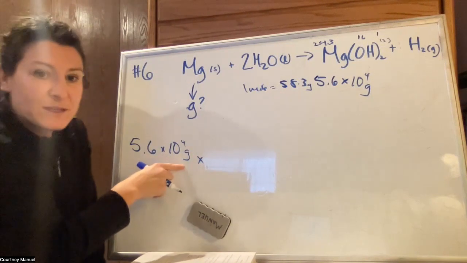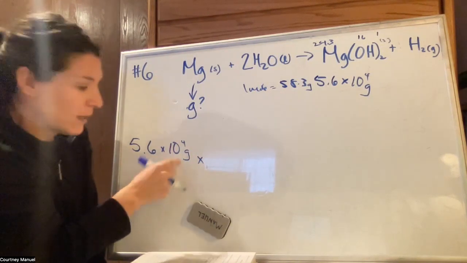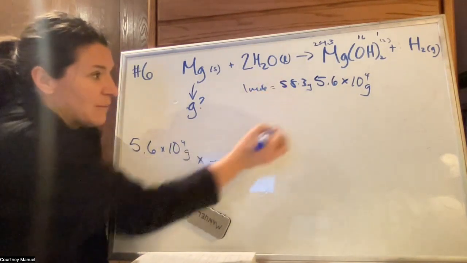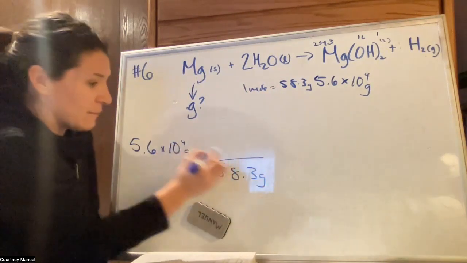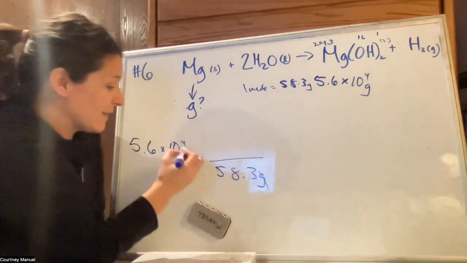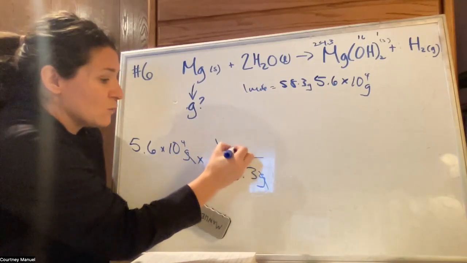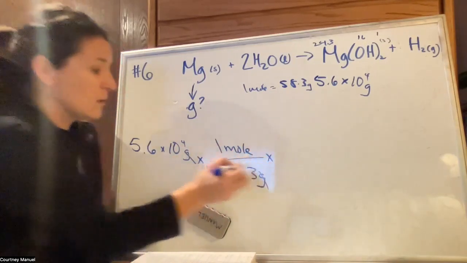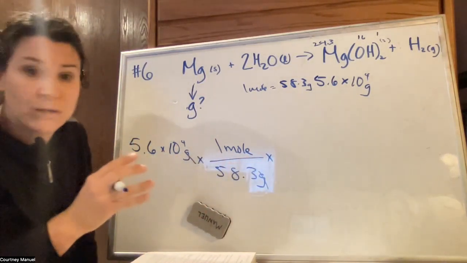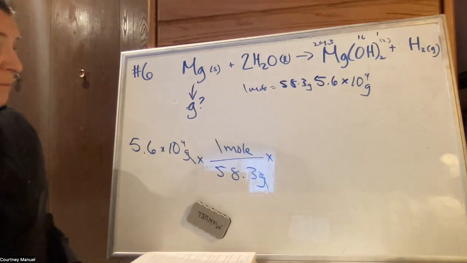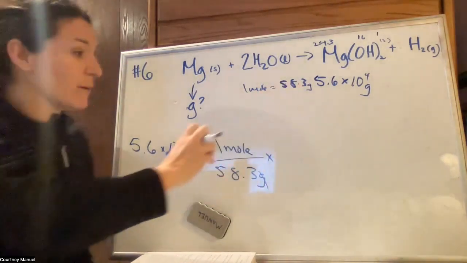Now this has grams on top and we want it to end up with moles on top. So we need to put our grams on the bottom because grams divided by grams is 1 and they can cancel out. And this is 1 mole. You can stop and write that number in and that's totally fine. That shows your progress. But I'm just going to keep it going as one equation.